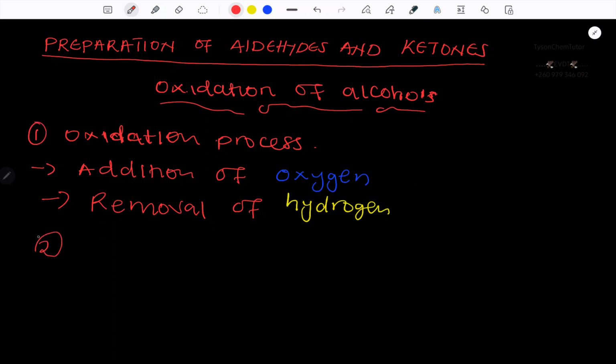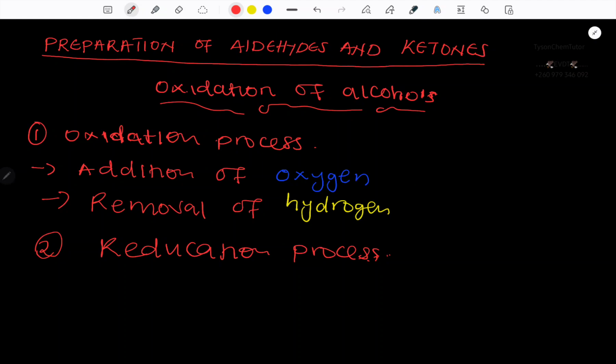Number two, let us also define the term reduction process. So reduction is the opposite of oxidation. So on oxidation we said it's the addition of oxygen.